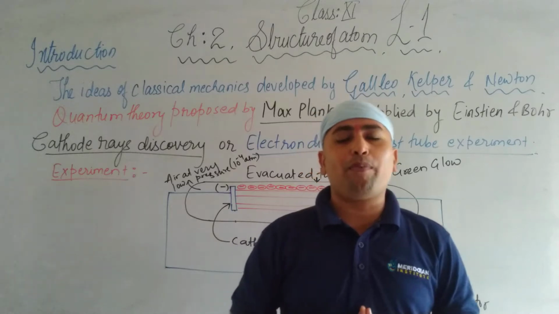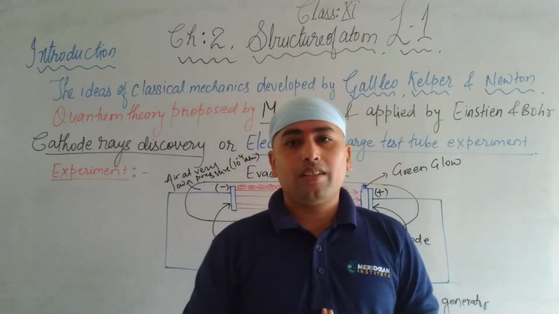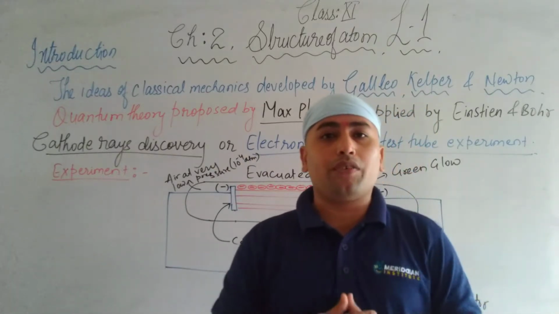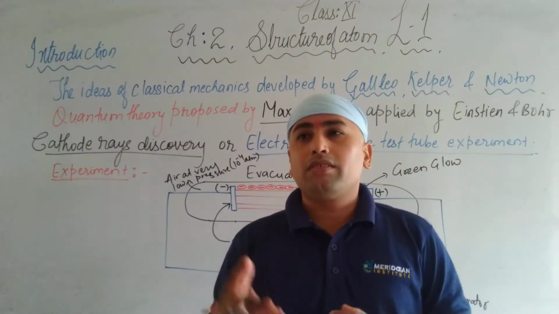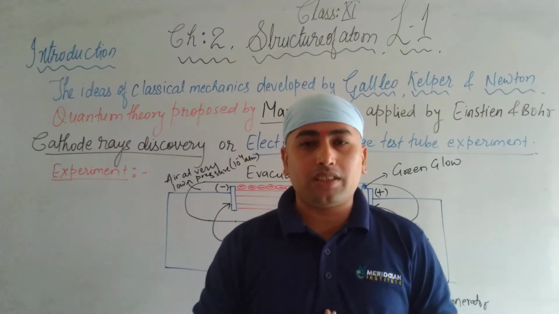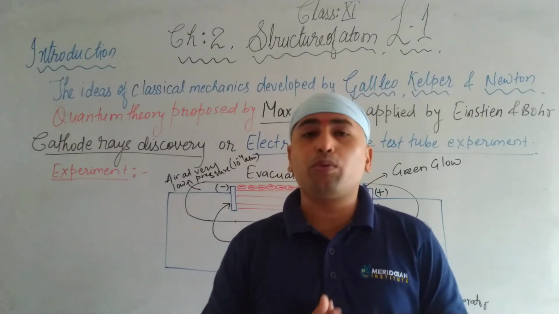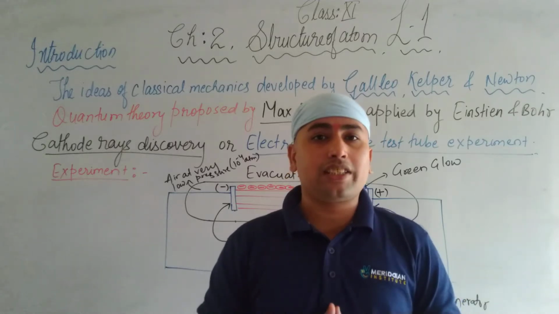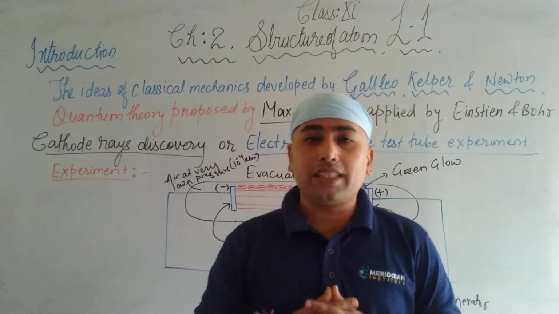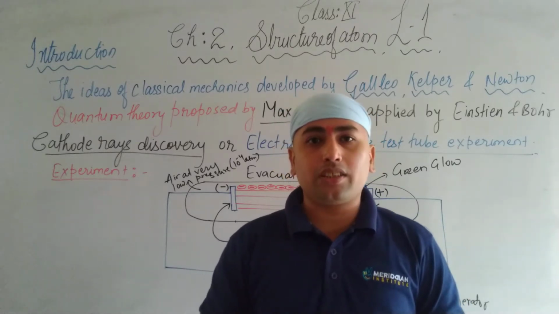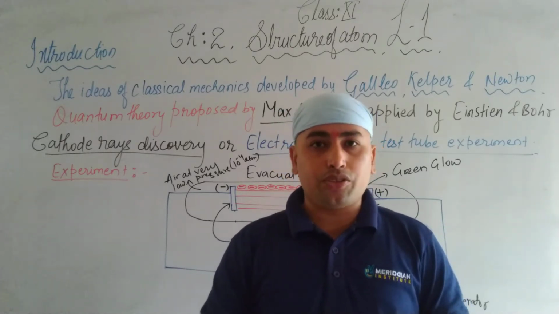They both applied this quantum theory, but even then there were a lot of fluctuations in the atomic models. So now the question was, the things we are going to discuss in this chapter are the discovery of subatomic particles, electrons, protons and neutrons.